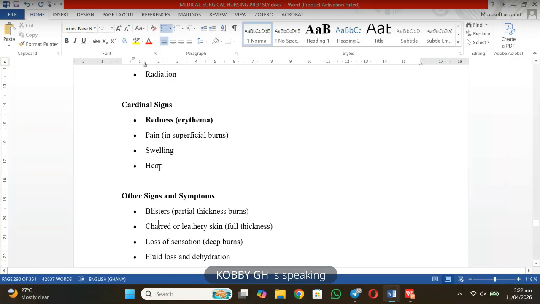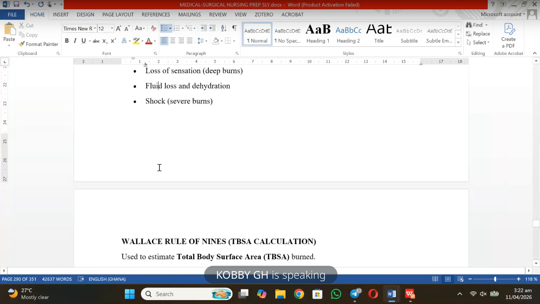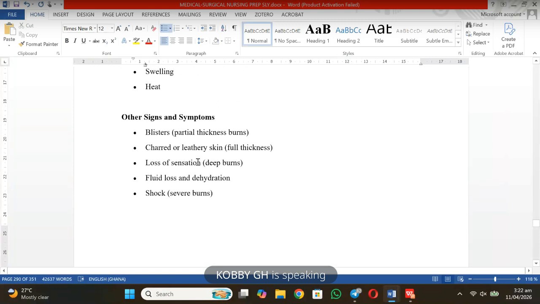But when it comes to specific types of burns or classifications, some also come with unique signs. For example, with a full thickness burn, the patient will usually lose sensation because the nerves are affected.